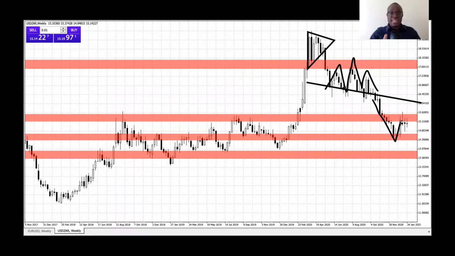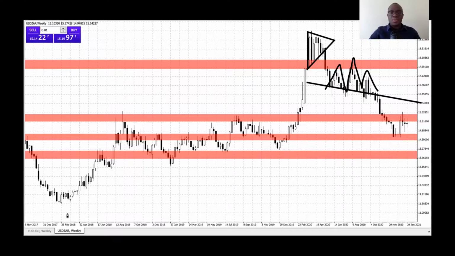Which means there is still probability for the downside movement. So we'll be expecting that if this continues to hold, the price will continue the downside movement, breaking the 14.39096 and eventually reaching the 13.56593 zone.